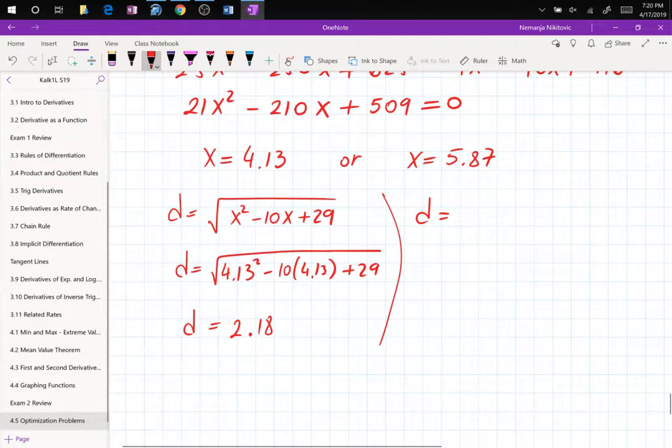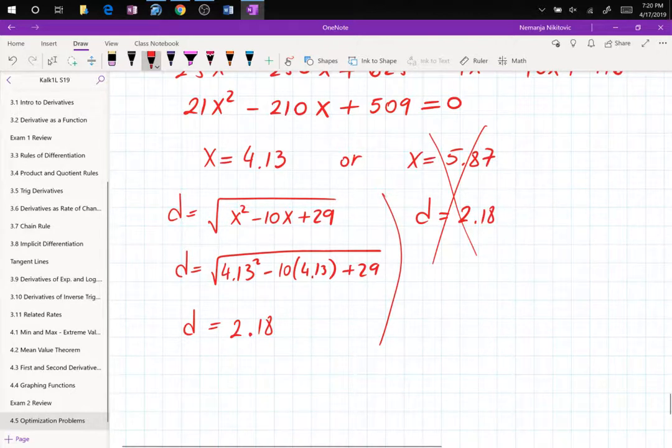Okay, good, we got the same answer. So we are going to obviously kill off the 5.87 because you see that distance underwater is 2.18 on both, right? And 4.13 is the shorter, so you'll have less pipe.